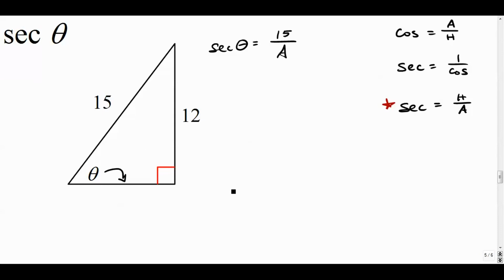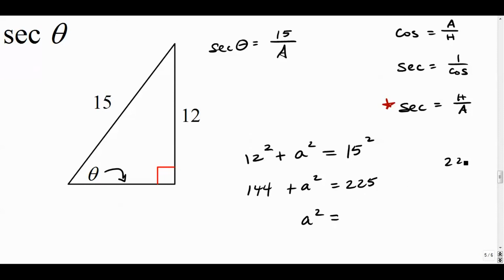I don't know what the adjacent is, so I'll figure it out. 12 squared plus the adjacent squared equals 15 squared. And again, this one looks familiar. A squared is equal to 225 minus 144. I get 81. And a is 9. So it's 15 over 9. And we'll simplify that. Divide both by 3. I get 5 over 3.